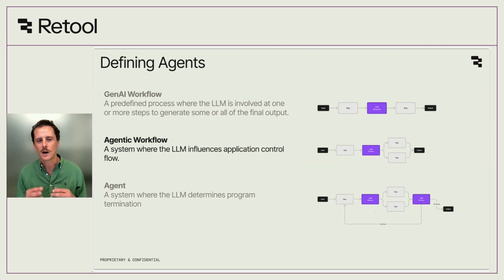We don't always want the dynamic nature of an agent. And in fact, in some cases, we want the simpler, more deterministic agentic workflow. An agent might be useful for doing some open-ended tasks like research or debugging.